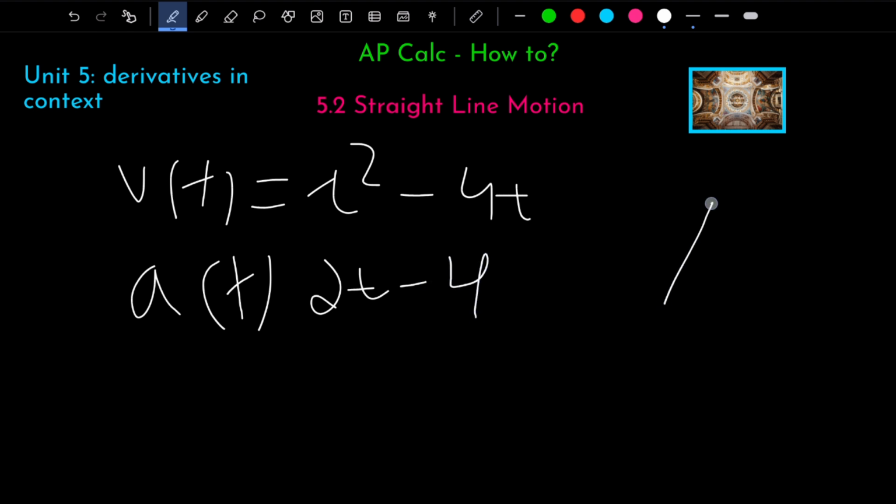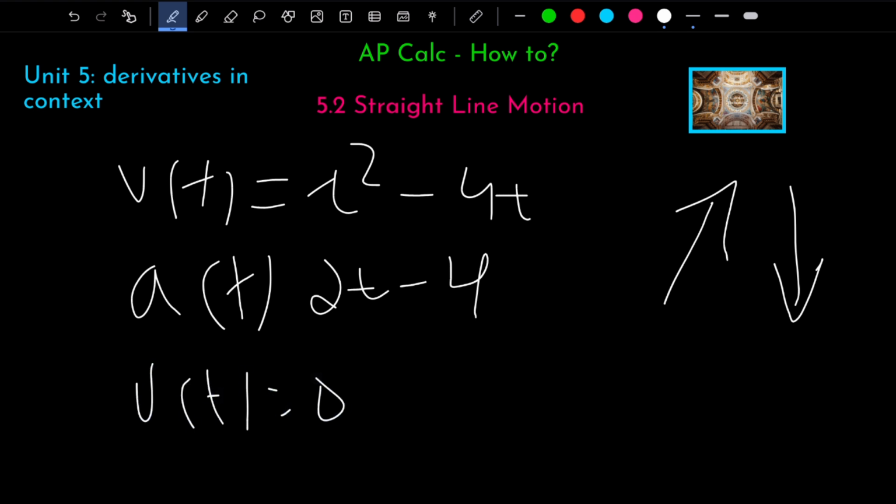When is the object speeding up, and when is it slowing down? To find this, we check when velocity and acceleration have the same or opposite signs. First, when we set v of t equal to 0, this yields t equals 0 and 4.